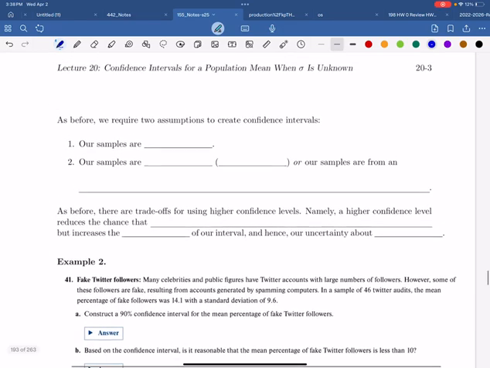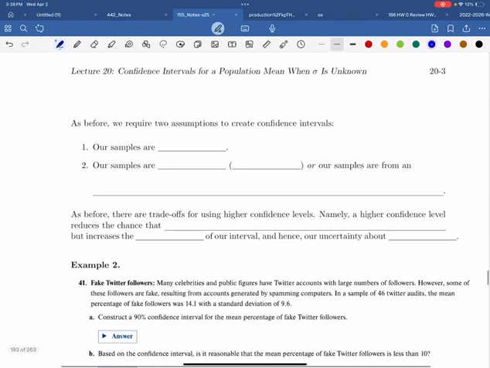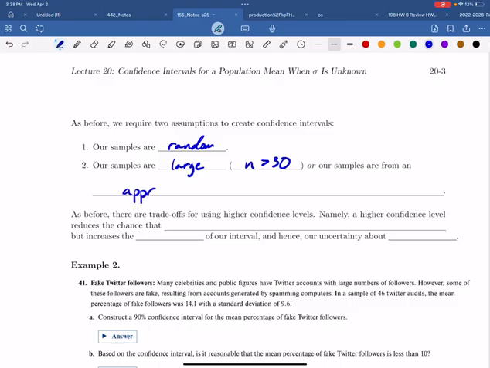Now, just a couple of quick theoretical assumptions we need. This is the same as before. This process works only if our samples are random. If there is bias in our methodology, then you can chuck this all out the window. Our samples are also reasonably large, meaning they are greater than 30, satisfying the central limit theorem condition. Or our samples can be small, but they need to be from an approximately normal distribution.